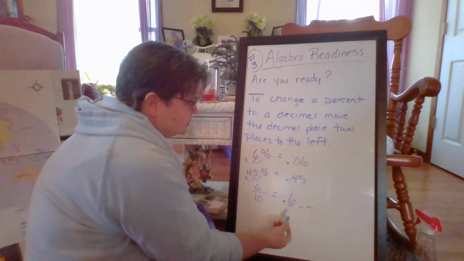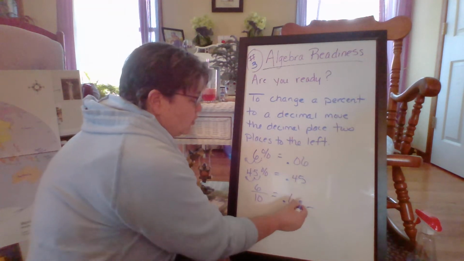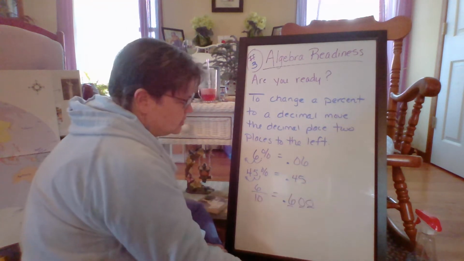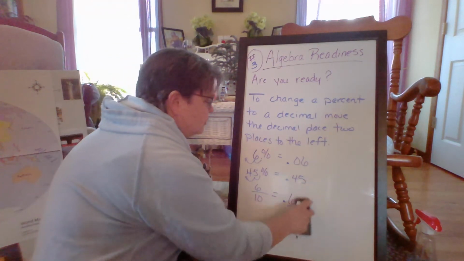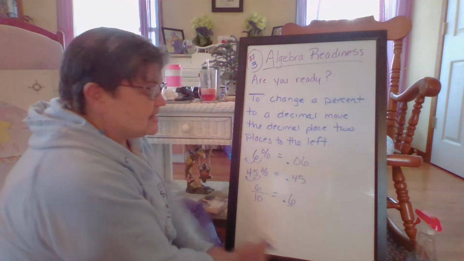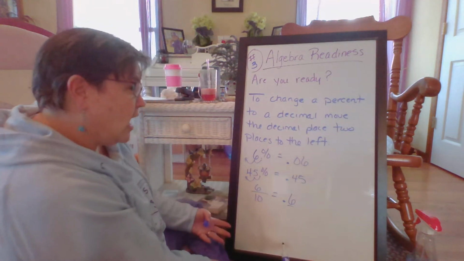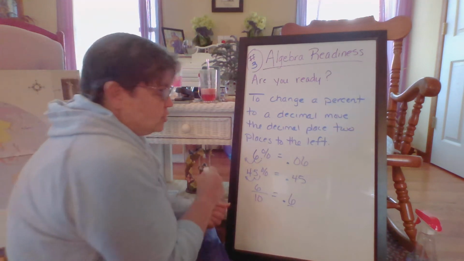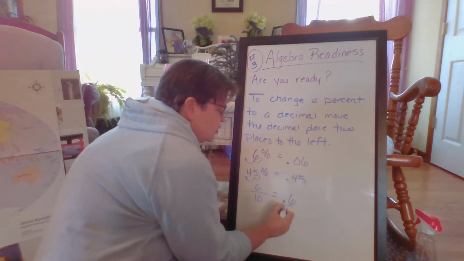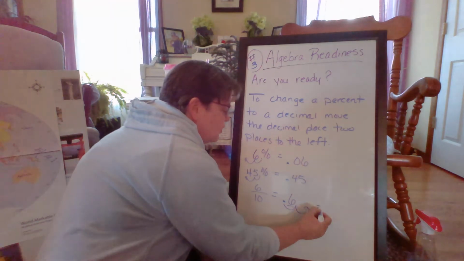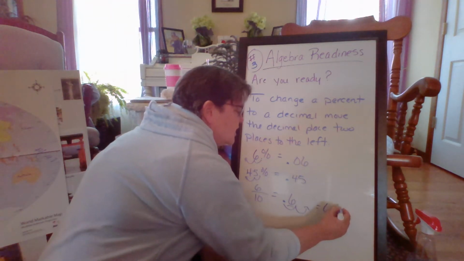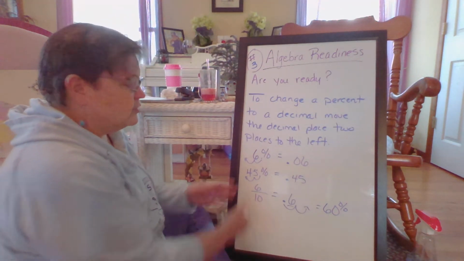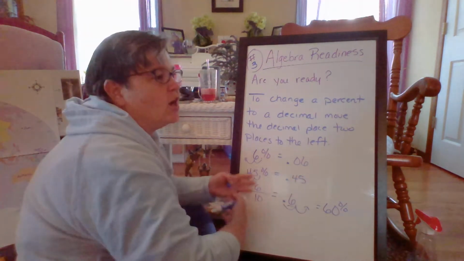So this is 6/10, or 60 hundredths, or 600 thousandths, however you want to look at it. So when I have 6/10 and I want to change that into a percentage, I just move my decimal 2 places to the right. So that would be 60%. See, they're all interchangeable. Fractions, decimals, percentages, they all have a connection.